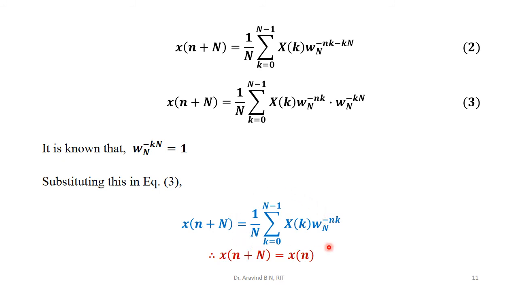So instead of writing this, I can simply call it x of n. Therefore, the left hand side we retain as it is, and the right hand side becomes x of n. Then as per the statement, we have proved that x of n plus N is equal to x of n.